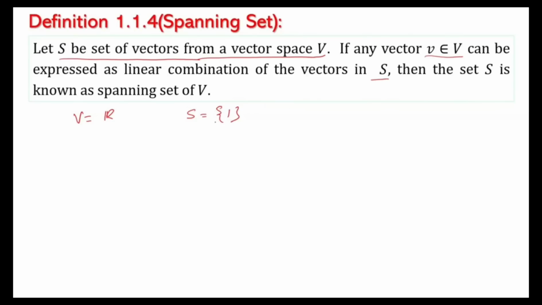Then any vector of V can be expressed as a linear combination of S. Let's say 5: we can write it as 5 multiplied by 1. Any number, say 6, can be written as 6 multiplied by 1. Therefore S is a spanning set of V equal R.